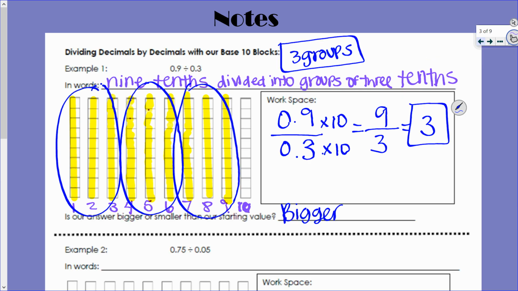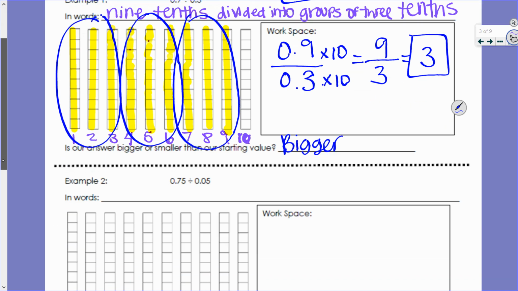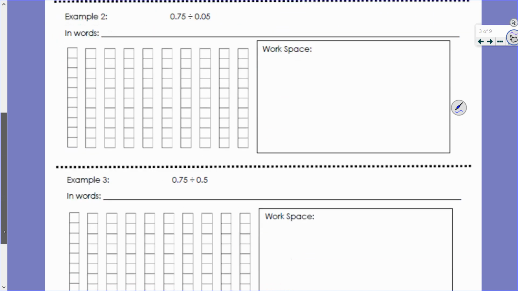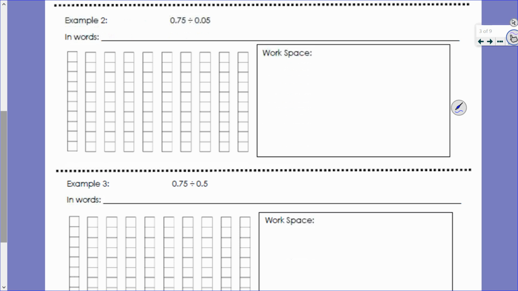Go ahead and try example 2. The first thing we're gonna do again, guys, is write this out in words. Good. So we have 75 hundredths. What are we doing?